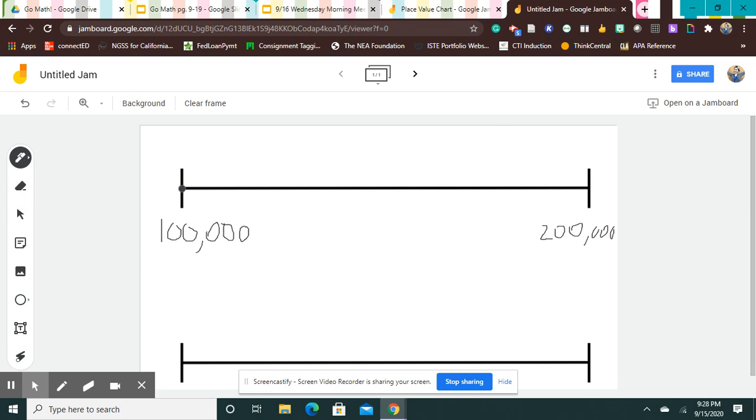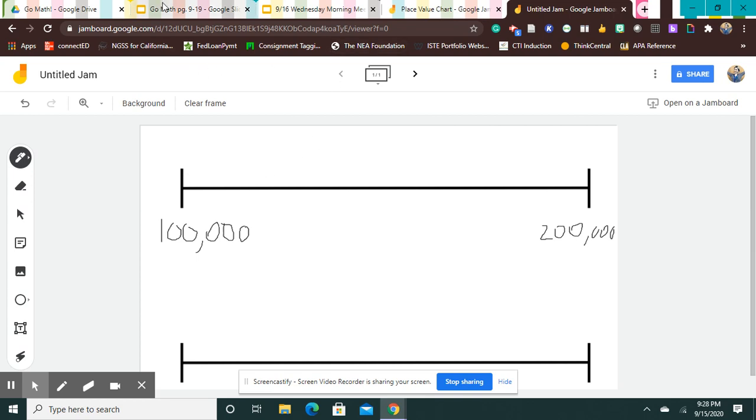But for your 100,000s, our number 138,202, we're trying to round that to the nearest 100,000. So is it going to stay where it is? Or is it going to go to the next 100,000, which would be 200,000?